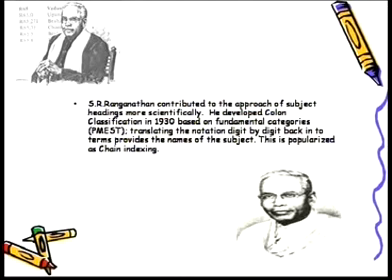He developed colon classification in 1930 based on the fundamental categories PMEST. Translating the notation digit by digit back into terms provides the names of the subject. This is popularized as chain indexing.